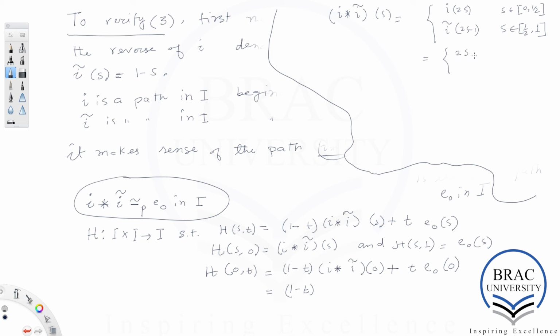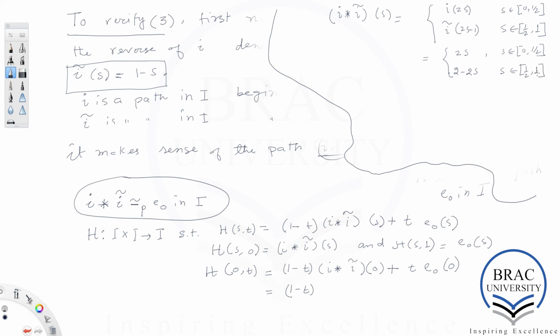So this is going to be 2s when s is in this interval, and from the definition of I twiddle, we see that I twiddle at 2s minus 1 is going to be equal to 1 minus (2s minus 1), which is 2 minus 2s, right? This is when s is in this interval.